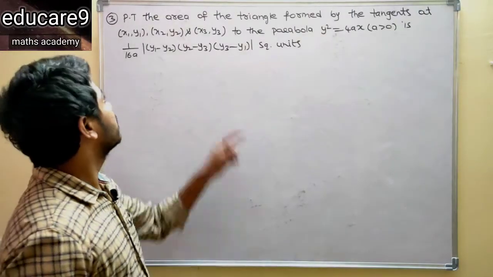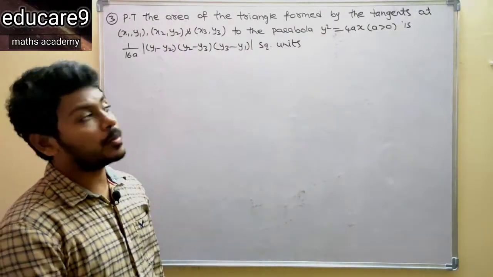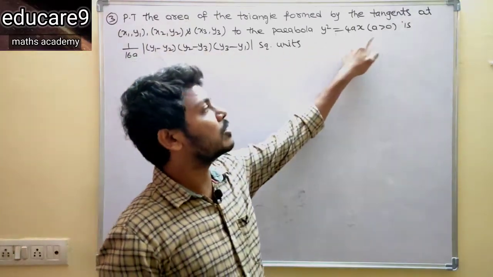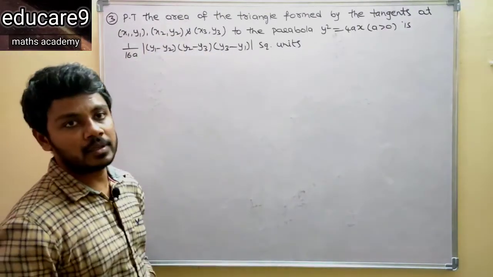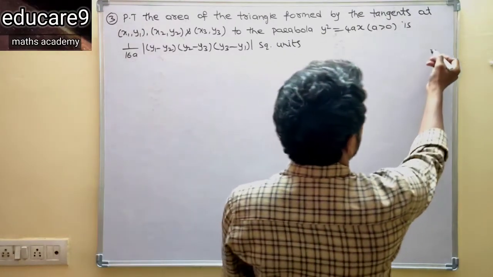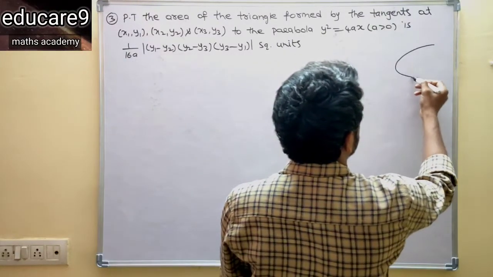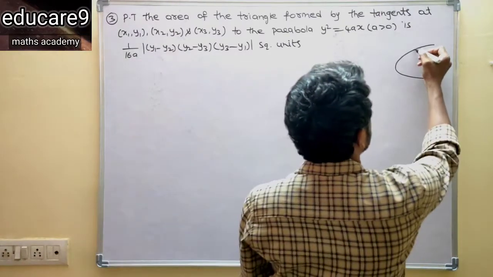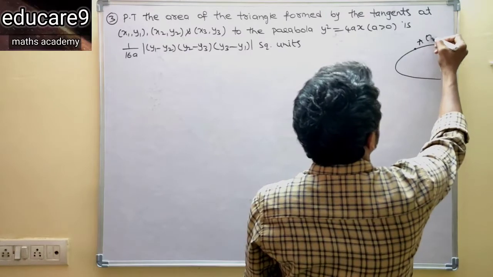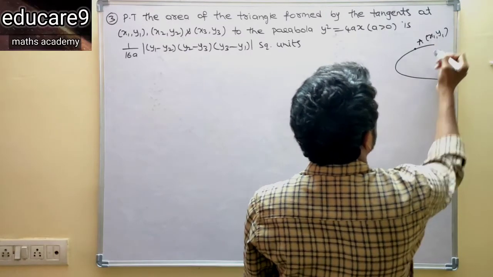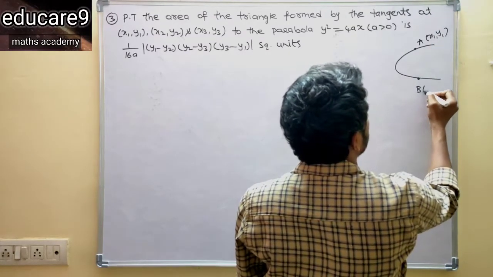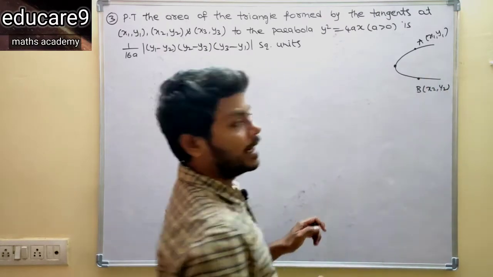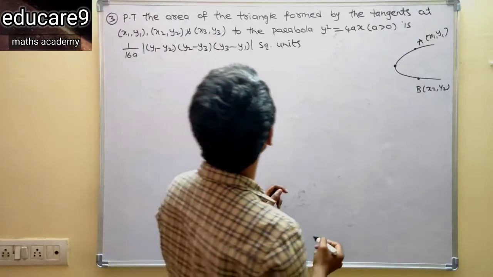See your next question. Prove that area of the triangle formed by the tangent at 3 points to the parabola y square equal to 4ax is this one. See here, this is the parabola. Okay. So 3 points are given. Suppose this is A x1 comma y1, and this is B x2 comma y2, and this is the point C x3 comma y3.